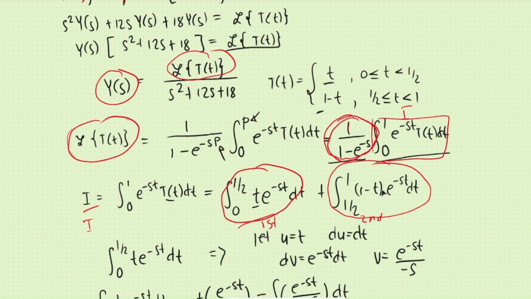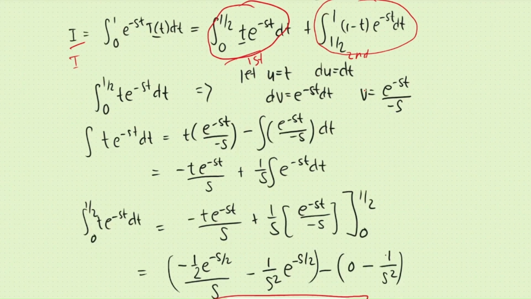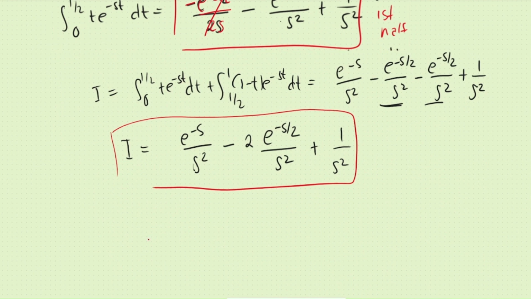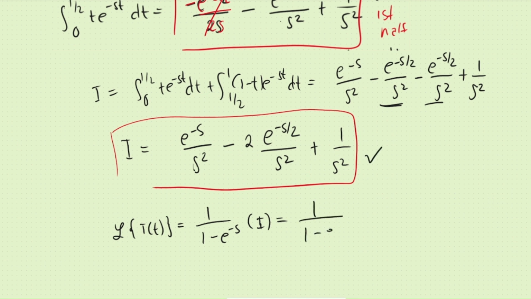So let's multiply our I with 1 over 1 minus e^(-s). Our I is e^(-s)/s² minus 2e^(-s/2)/s² plus 1/s².